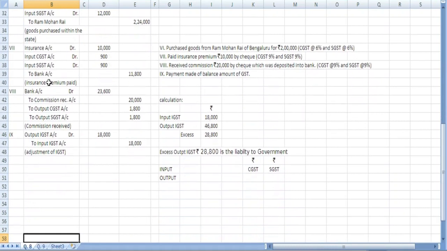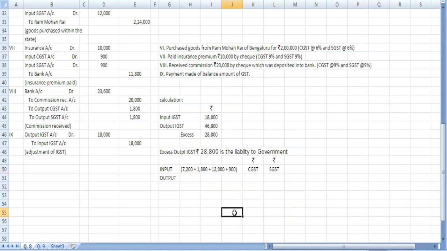So here we'll write in the bracket, we got first 7,200 plus 1,800 plus 12,000 plus, and then we had 900.